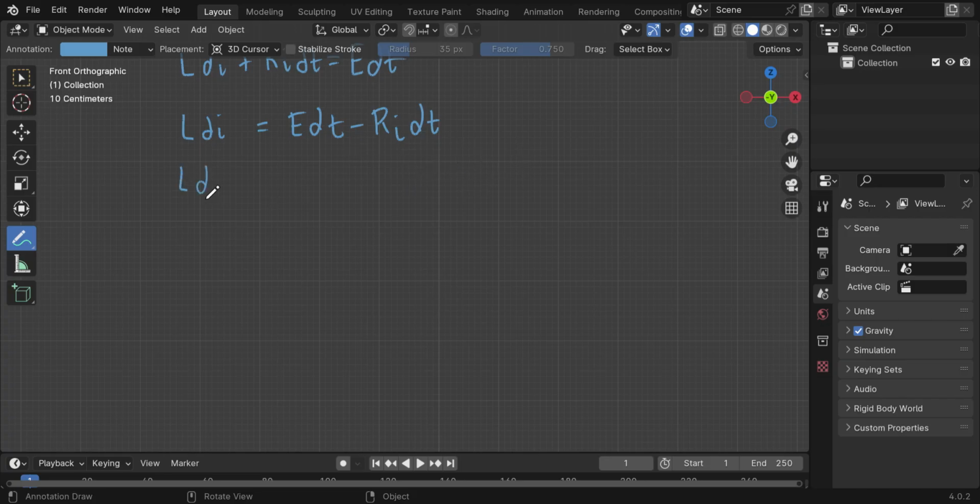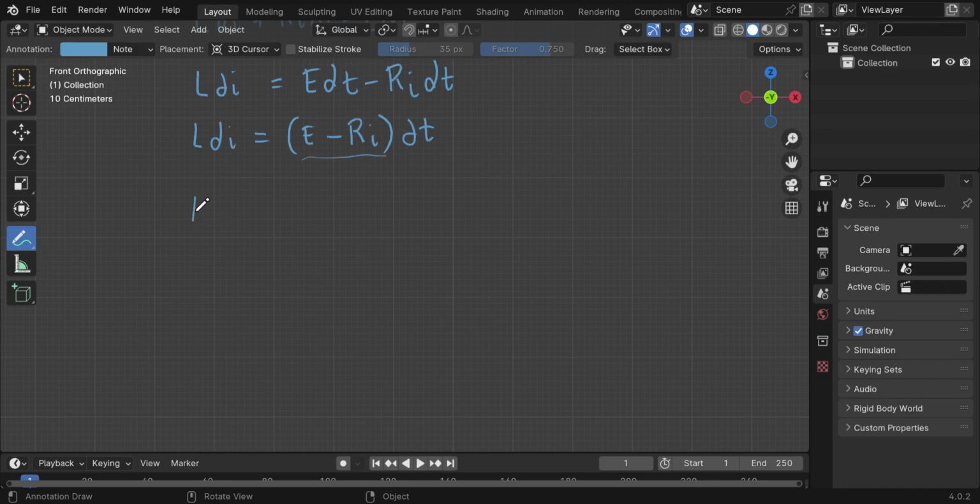So we have L di equals E minus R I times dt. Next, let's divide both sides by this mess, and we get L over E minus R I, di, equals dt.